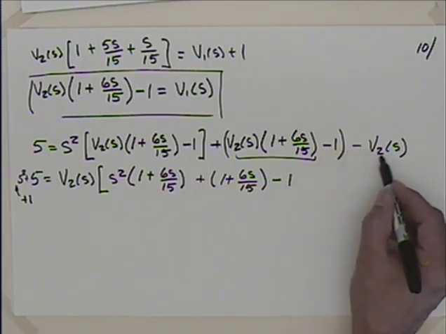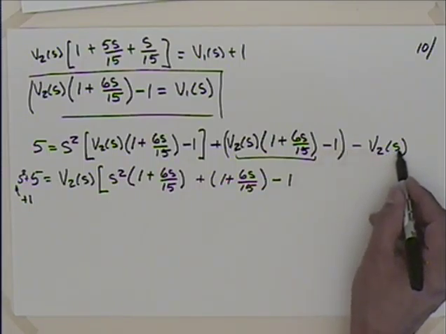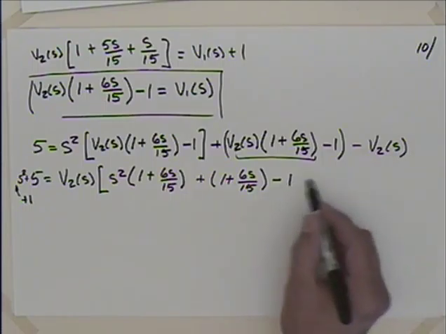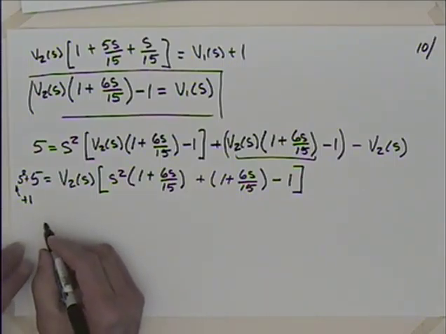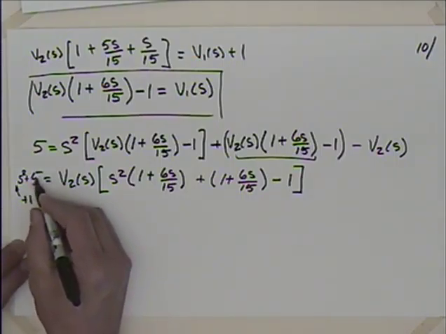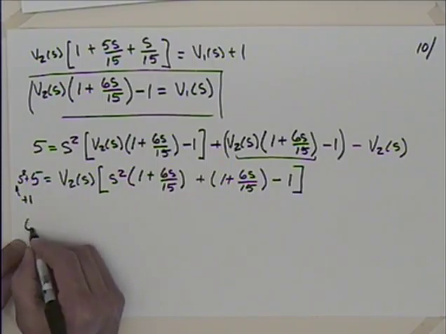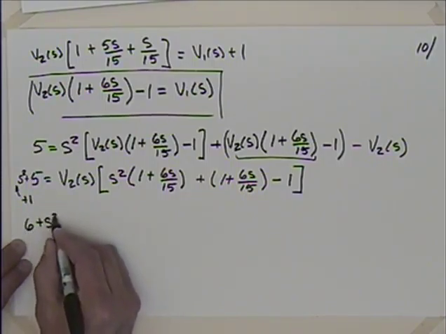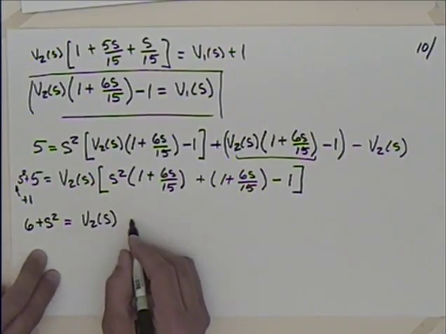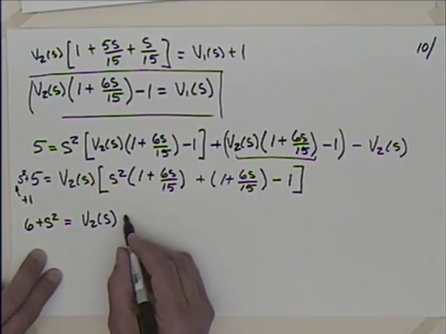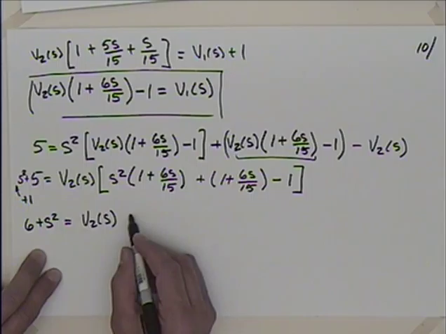And then this has essentially V2 of s times 1. So yes, I think I'm okay with that. Good. So I better, let's see, if I got 1 and 5, that's 6. So I have 6 plus s squared is equal to V2(s) times, what am I going to have here?